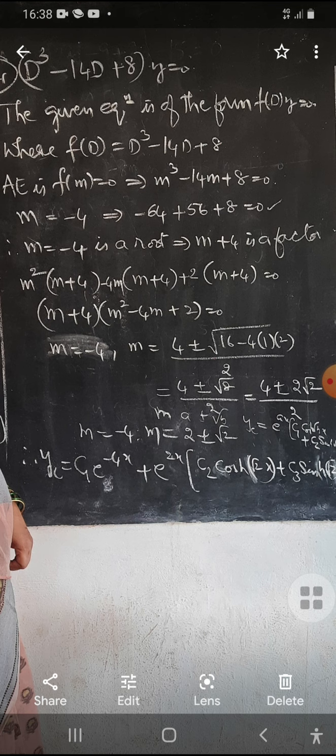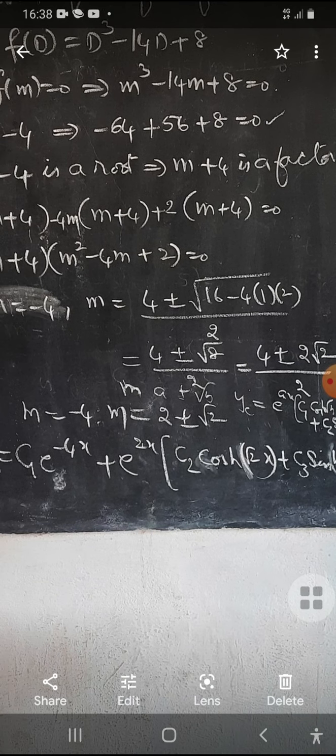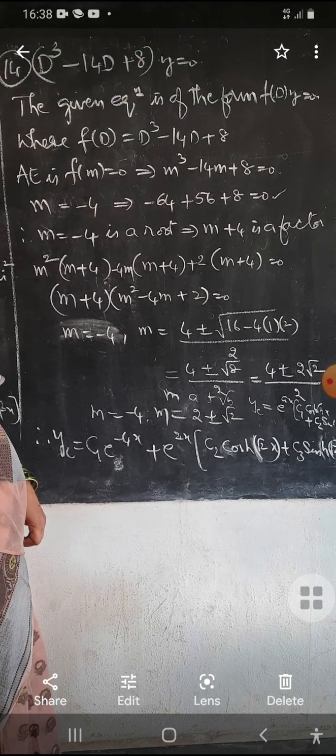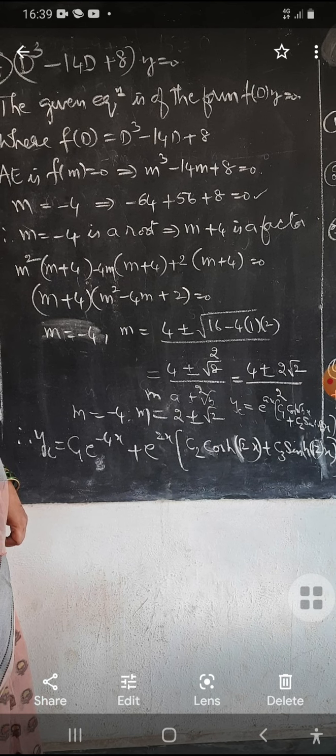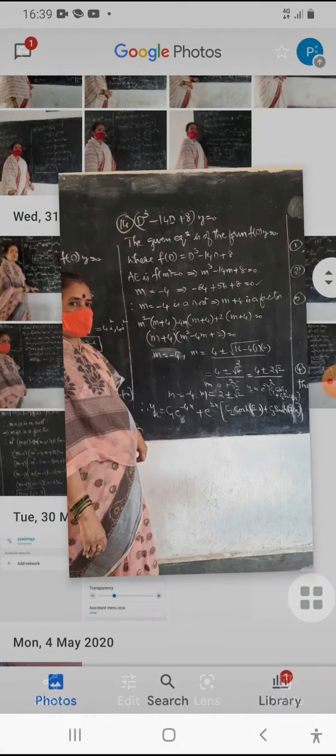Okay, another formula: yc is equal to e power ax into (c1 cosh bx plus c2 sinh bx). So yc becomes c1 e power minus 4x plus e power 2x into (c2 cosh root 2x plus c3 sinh root 2x). So this is another new one.